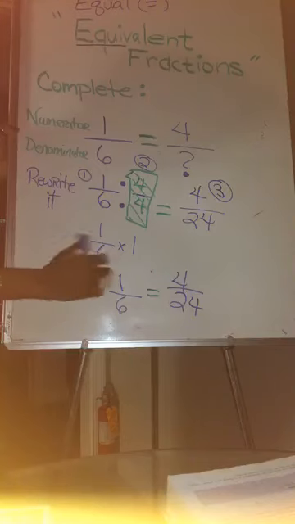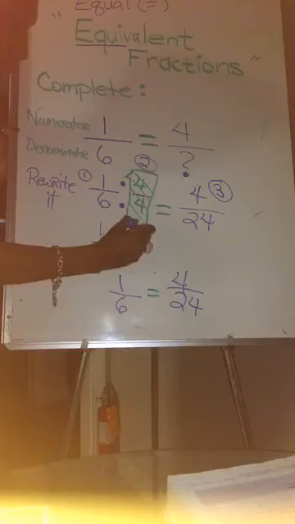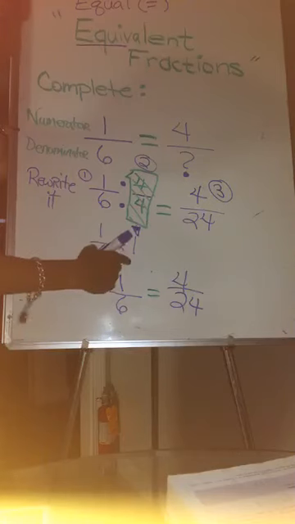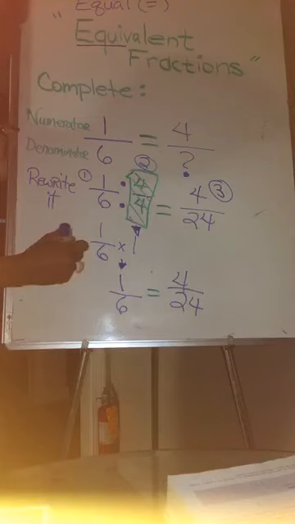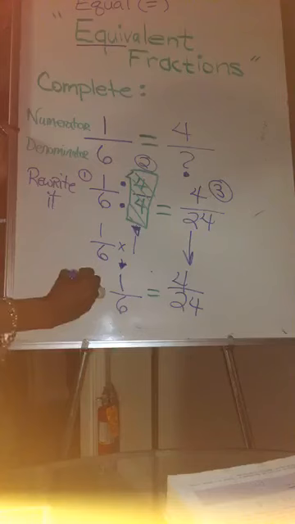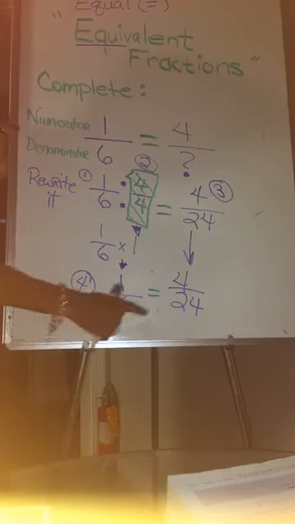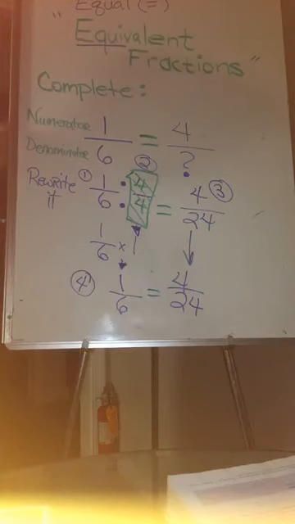And then the fourth step, I was just showing you an in-between here: if you multiply whatever this is by 1, you're still going to get the same answer. So I just brought this down. This is your fourth step. So 1/6 is equal to 4/24.